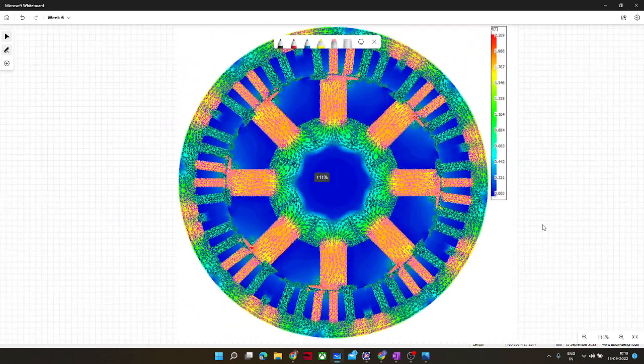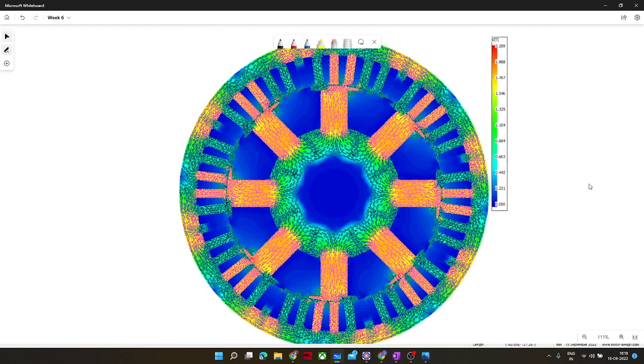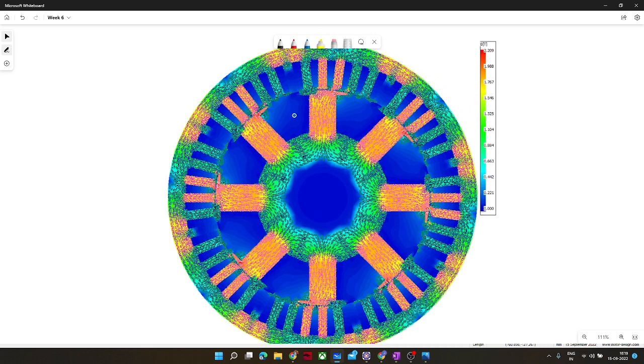So this is the kind of flux. It is entering from north and leaving from the south. So this complete loop is made here.